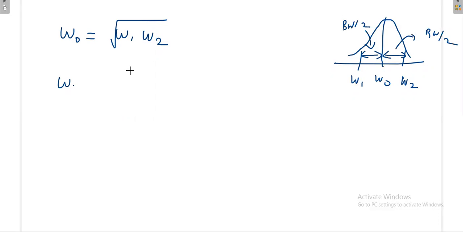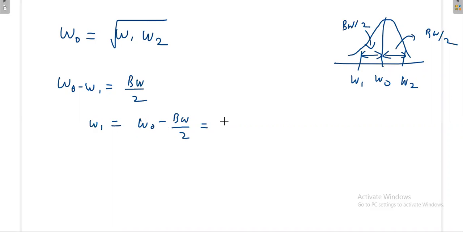So omega naught minus omega 1 is equal to bandwidth divided by 2. So omega 1 is equal to omega naught minus bandwidth divided by 2.